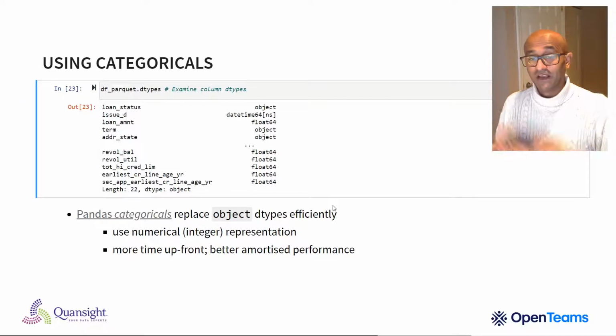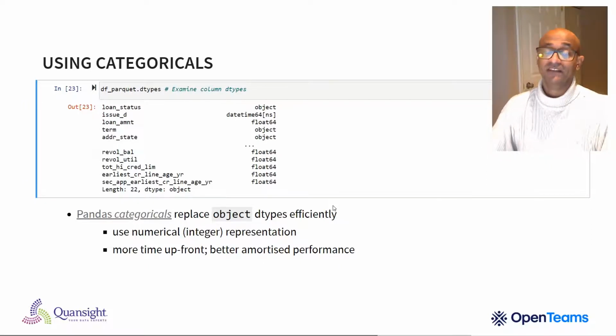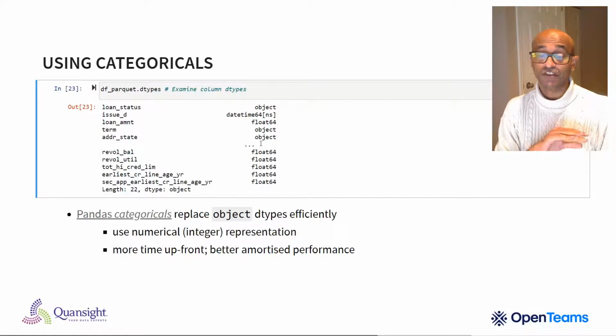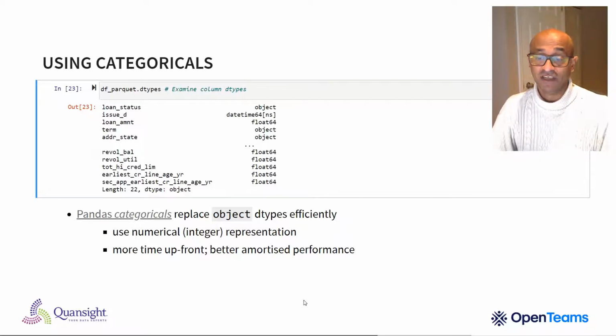Those will use integers instead of strings to represent the different entries of these categorical columns. So there'll be a little bit of startup time to do this transformation, but if we store that into our Parquet store in the first place, then we get better storage and we also get better amortized performance in the long run.